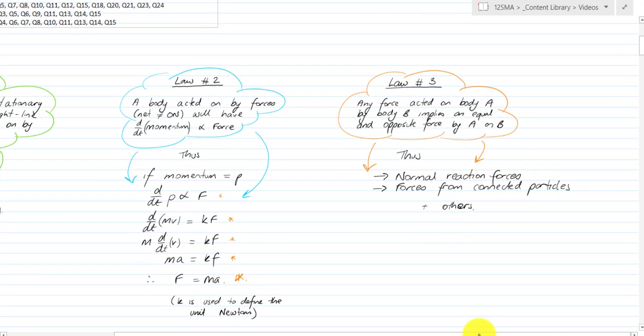This is where we get the idea of normal reaction forces, some work with connected particles, and also a little bit of the work with friction we're going to see soon.